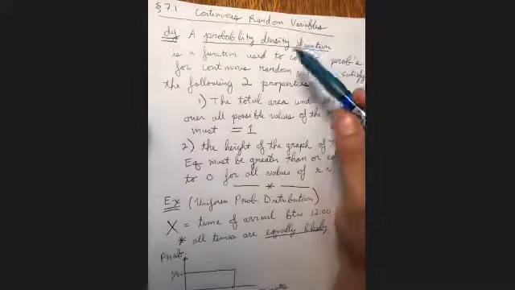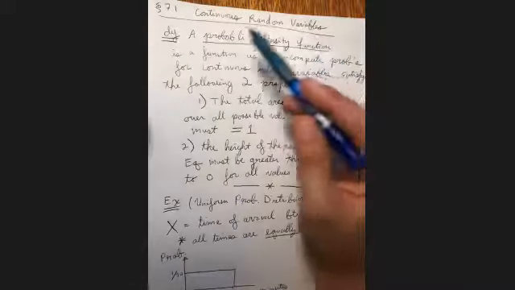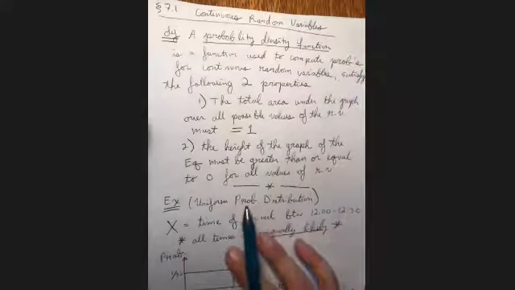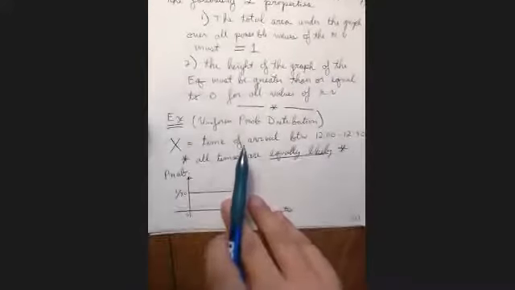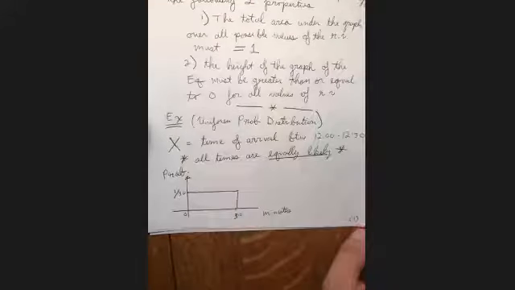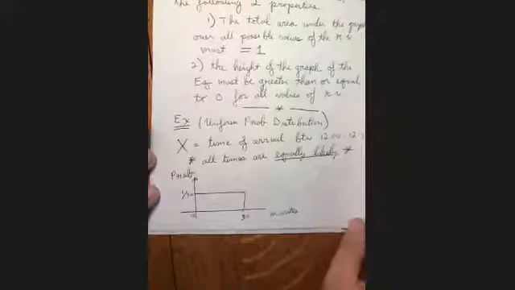But now, instead of having to list all the possibilities, we just have a nice, pithy, succinct function that we can use instead of having to use a table. Okay, so let's look at an example of a continuous probability distribution and also a probability density function and how we can use it to calculate probabilities.